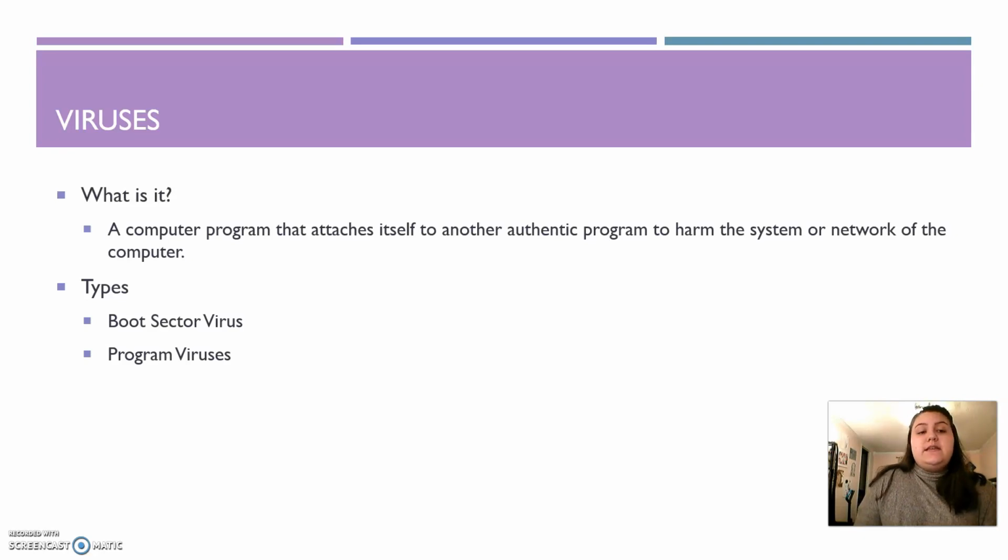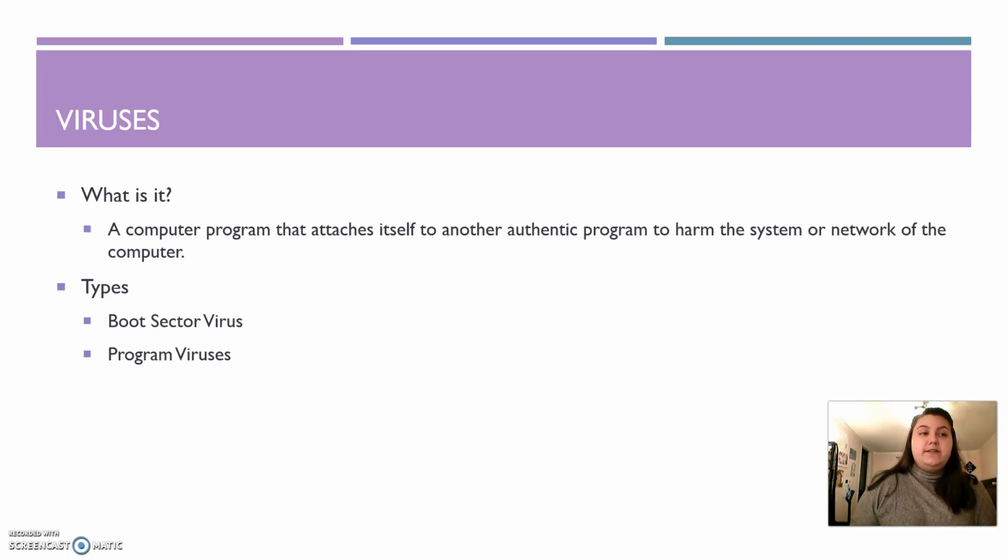One type of virus is a boot sector virus, which is downloaded through a floppy drive or a hard disk, and these affect the booting of the operating system, which slows down the startup of your computer. Another type is a program virus.